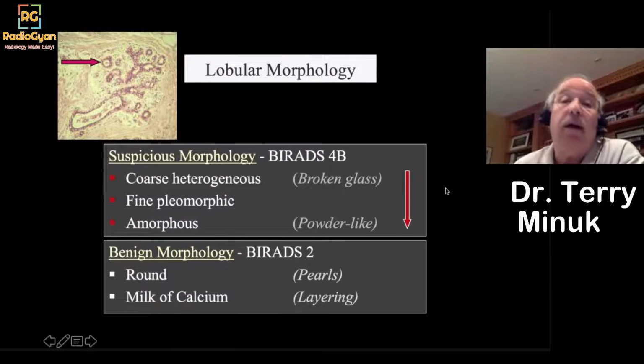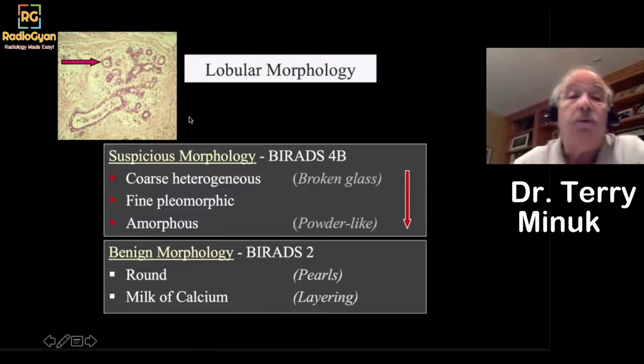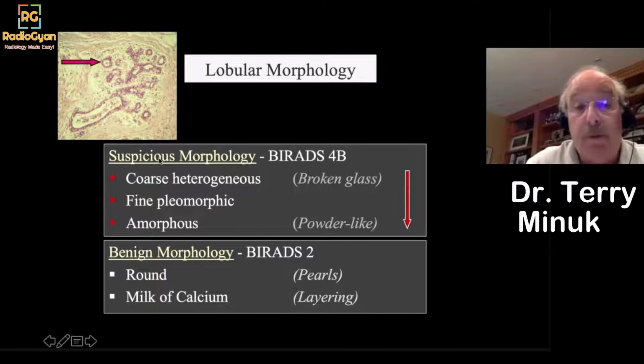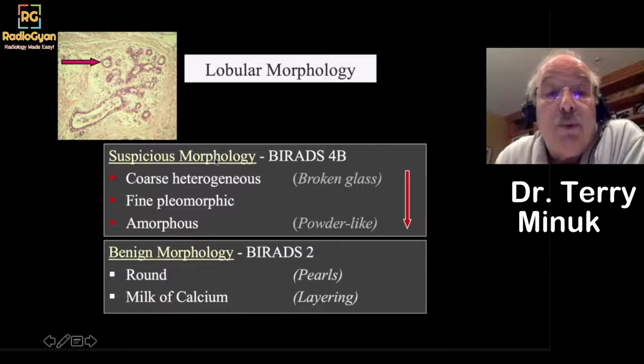Now let's look at the tough calcifications, the ones that are lobular morphology. They look like they arose in an acinus. And there's two types, basically. There's ones that have a suspicious morphology, and then the other group that have a benign morphology. BI-RADS divides these suspicious ones into 3 groups: coarse heterogeneous, that look like chunks of broken glass.